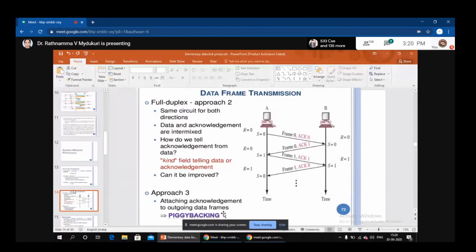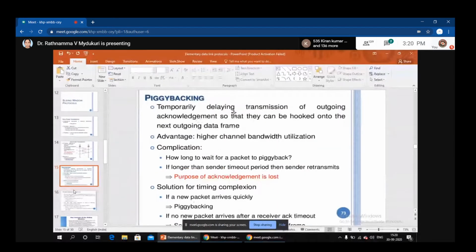So what is piggybacking? First we'll see here: temporary delay in the transmission of outgoing acknowledgement so that it can be hooked on to the next outgoing data frame.